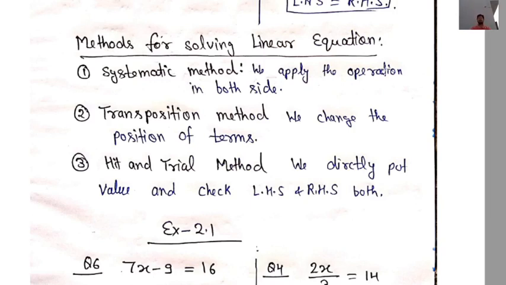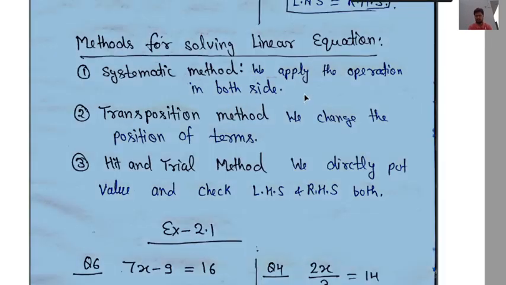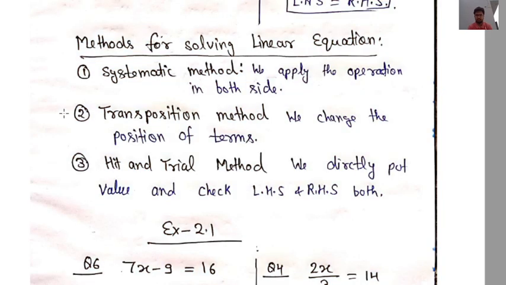Systematic method means you add or subtract or multiply or divide on both sides. The same number you can multiply on this side and on this side; we apply the operation on both sides. We will discuss this in more detail later, but here we will mostly discuss only the transposition method, because this is a very easy method.